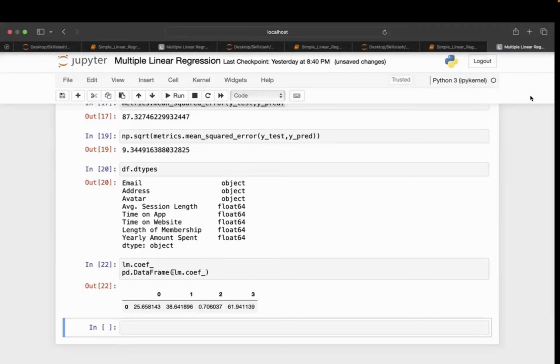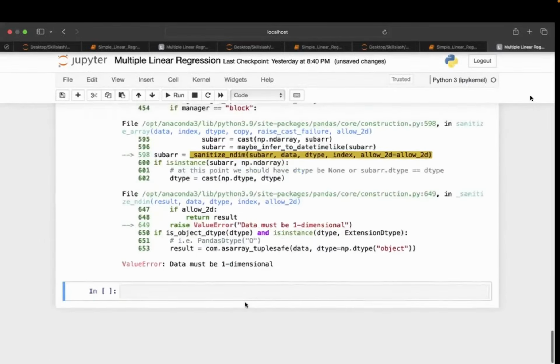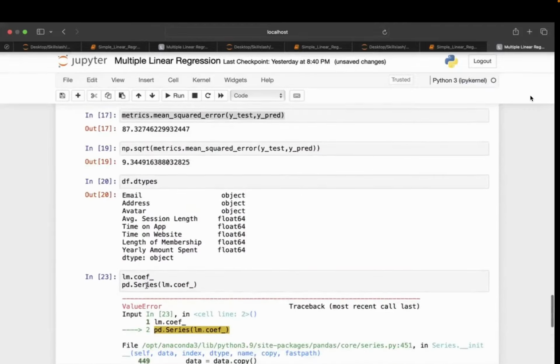Oh, got it. It is printing in the row format. Okay, can I make this a series? One dimensional. Okay, let's change it to make it a data frame only. We are having the coefficients here. Mentioning the index.